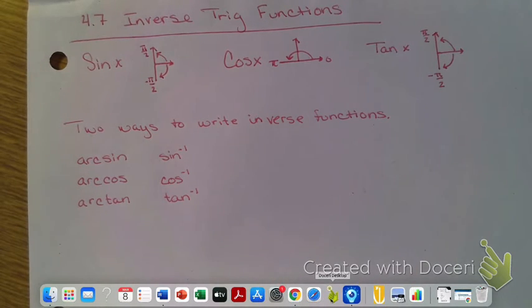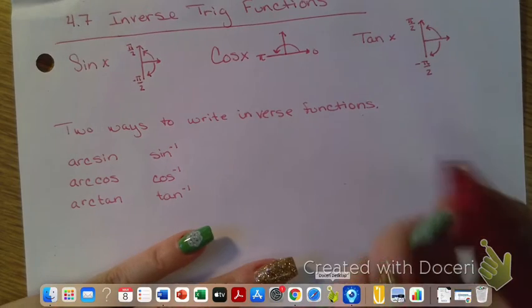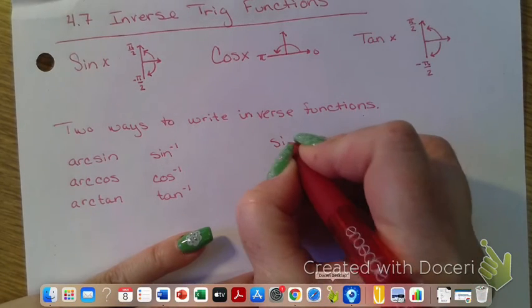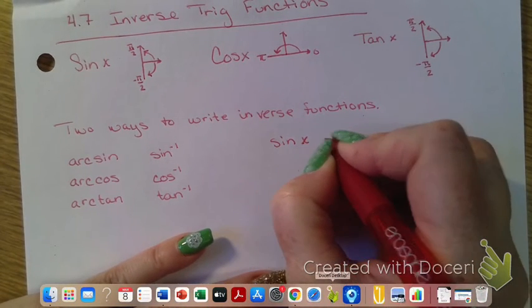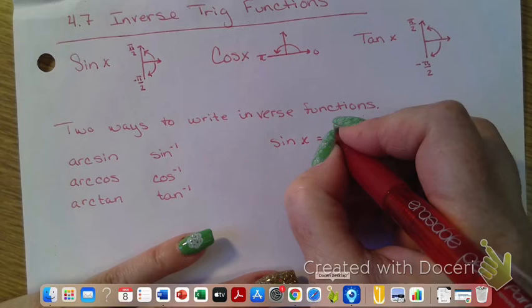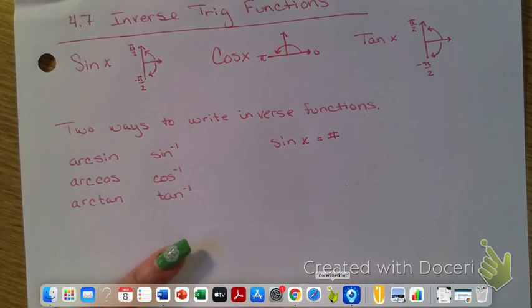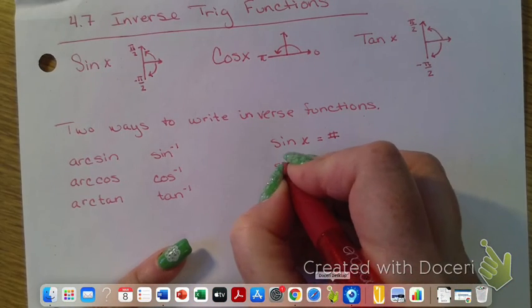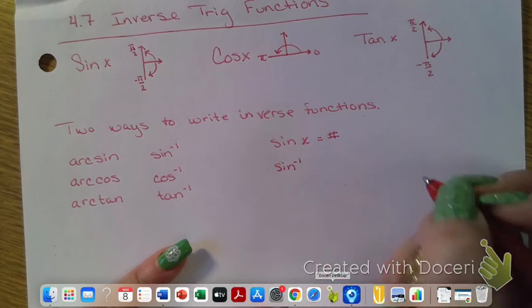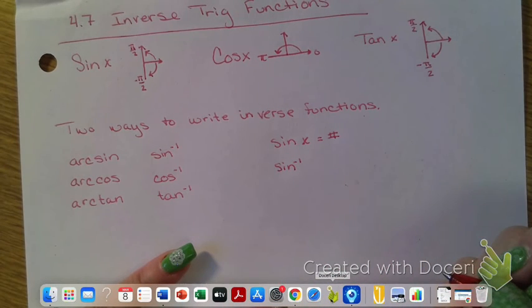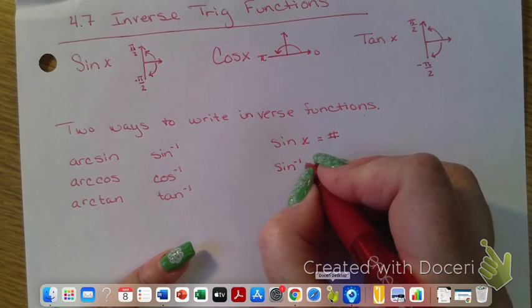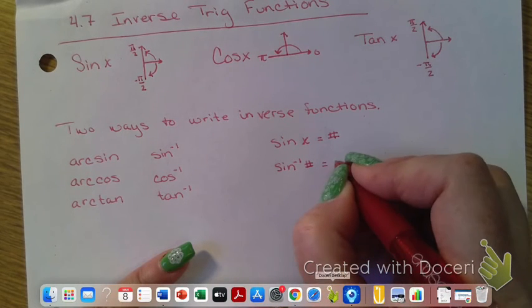So remember, inverses interchange range and domains, correct? So if I have the sine of x equals a number, and x is an angle, when I take the inverse sine, what am I doing? Inverse sine of the number equals the x.